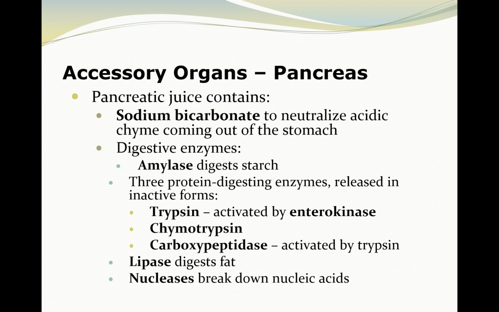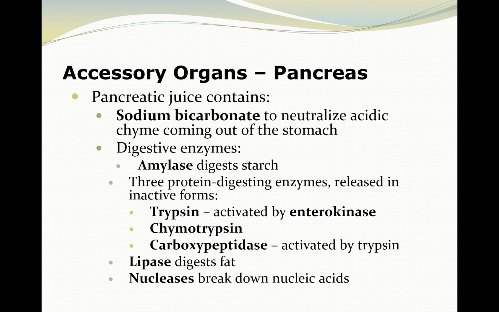It's very acidic. And so the digestive enzymes are going to include amylase, trypsin, chymotrypsin, carboxypeptidase, which is going to help to digest starches and proteins. And then we have lipase, which will digest fat, and the nucleases, which will break down nucleic acids. So amylase is the one that will digest the starch.